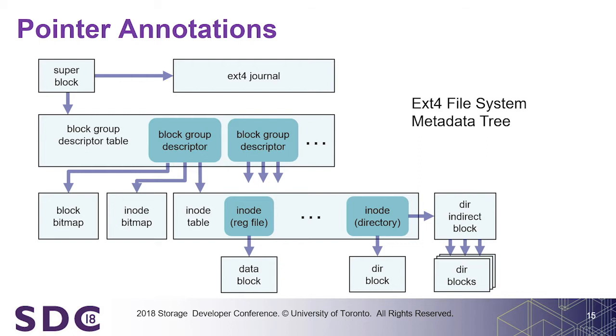In the descriptor table, each block group descriptor holds pointers to their block bitmaps, inode bitmap, and inode table. Each inode structure in the inode table also points to data blocks and directory blocks, depending on whether it is a regular file or a directory. Inode structures can also hold pointers to indirect blocks to support large files and directories.